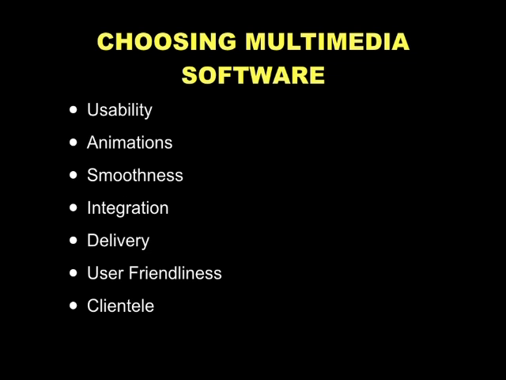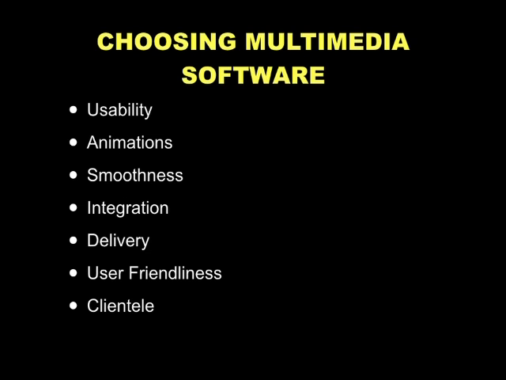Smoothness. Should have anti-aliasing feature, meaning that all letter and image edges are smooth. Integration. Should have integration capabilities with a wide range of software used for different jobs like Real, Shockwave, Flash, QuickTime, Photoshop, and other applications. Delivery. Should be able to develop one piece of content for delivery on different media types.